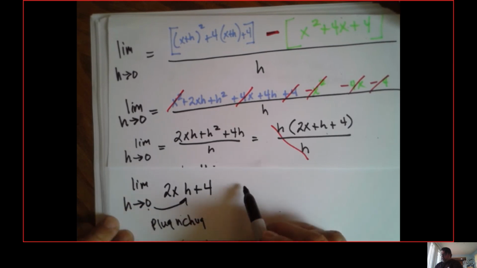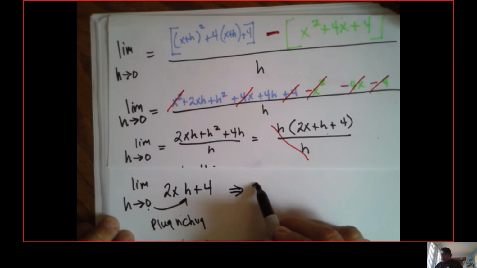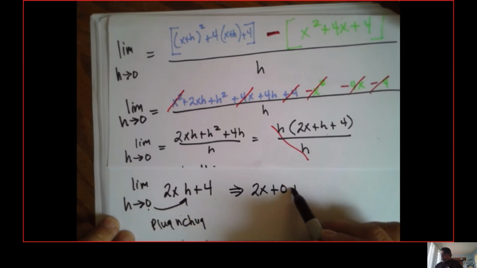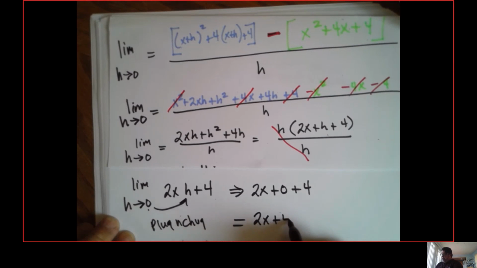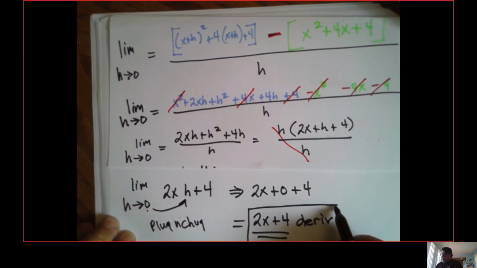So that leaves us with 2x plus 0 plus 4, which gives us our answer. Our derivative is 2x plus 4, and that is what we call the derivative. And that is Chapter 3.